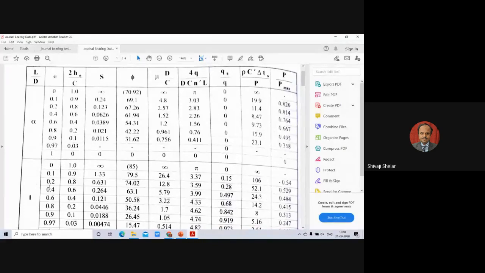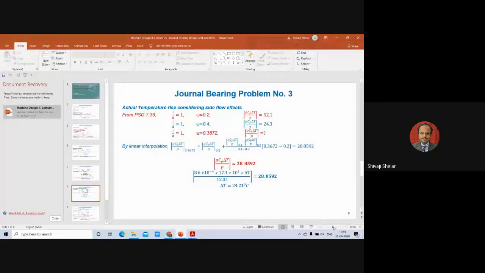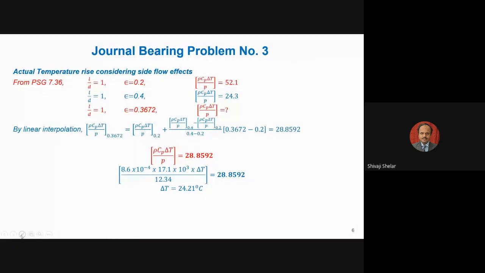My epsilon value is in the range between 0.2 to 0.4. So this ratio should also be in the range 52.1 to 24.3. So it should decrease, but it should be greater than 24.3. So when you come back to the design calculation here, starting with this, this value will be put here. Then the next value will be put here, and this value will be put here.